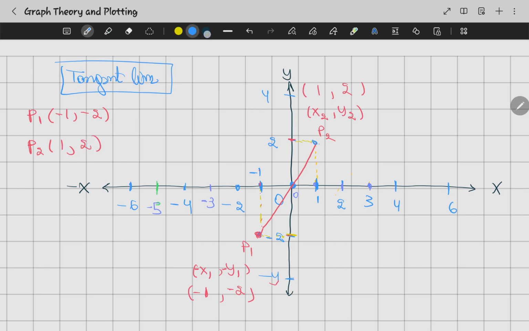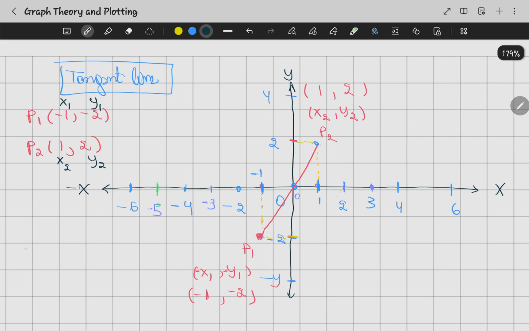Okay, and remember this is x, y, x, y, so this is 1, 1, this is 2, 2. So first we need to find the m for the slope, which is, this is the formula we're going to use, x2 negative x1.